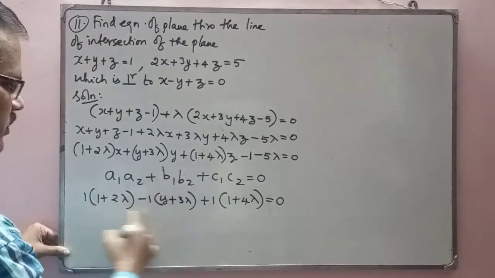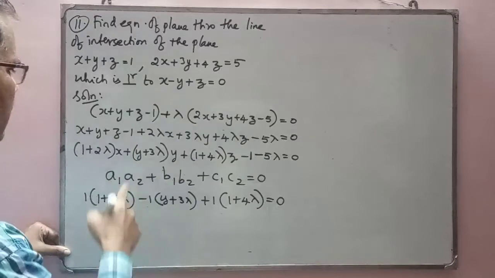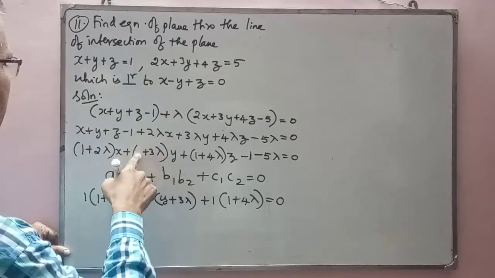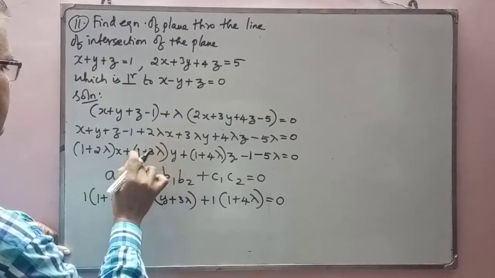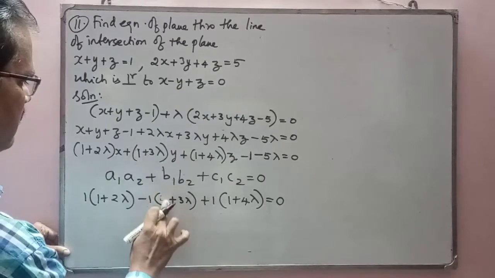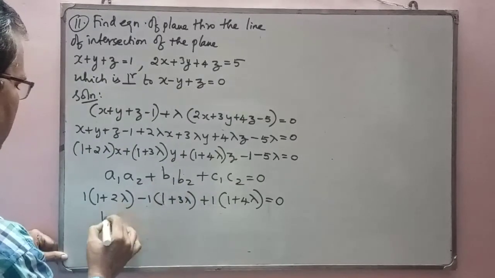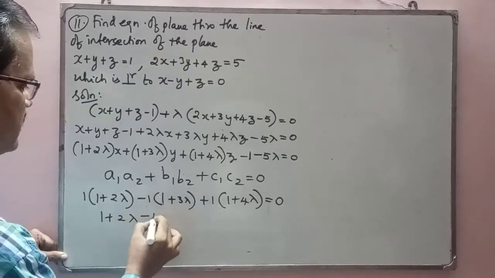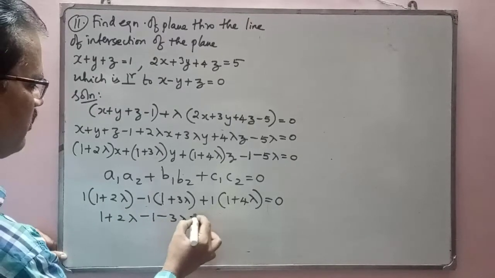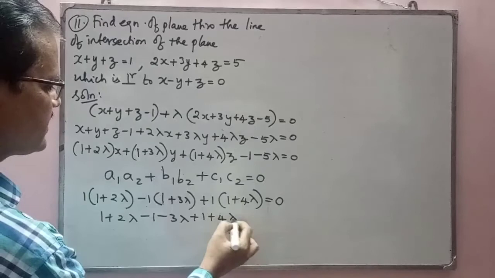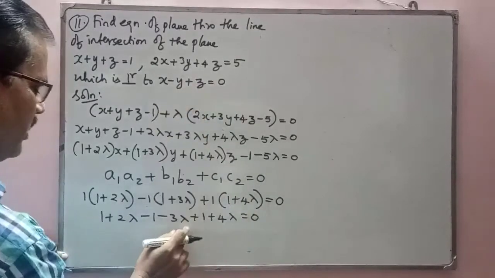Now this is the equation with lambda. We should not have y here. So we have 1 plus 3 lambda, because we have taken y outside. Now let us start: 1 plus 2 lambda minus 1 minus 3 lambda plus 1 plus 4 lambda. As I said, this will be the clue to find the lambda value.